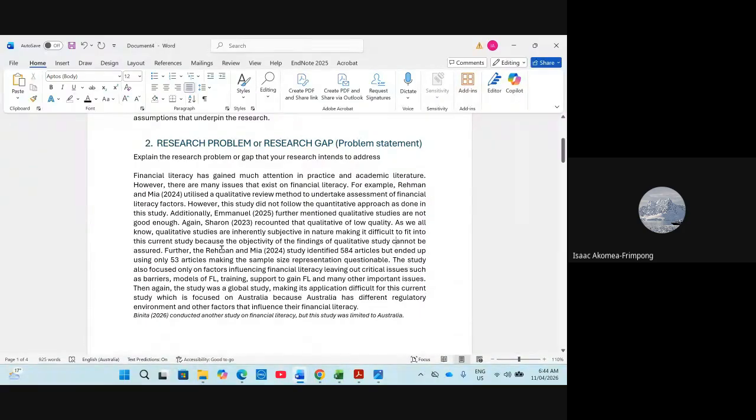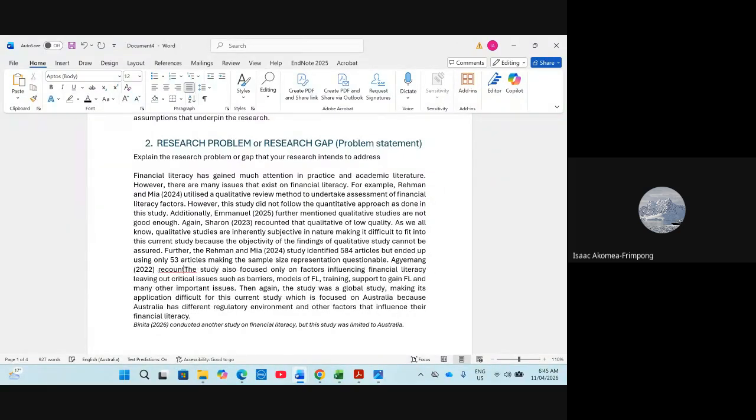Identify this. With this, I can say that Ajemai 2022 recounted that, or stated that, or investigated, whatever. There are words to use: investigated, recounted, mentioned, or conducting a study.